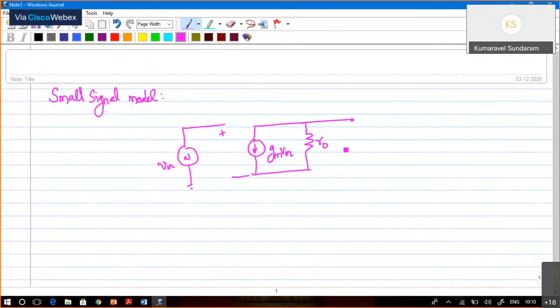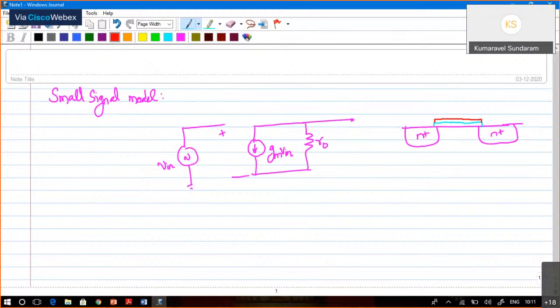Okay, so this is the MOS small signal model. You see the structure for NMOS, N plus. This is oxide.